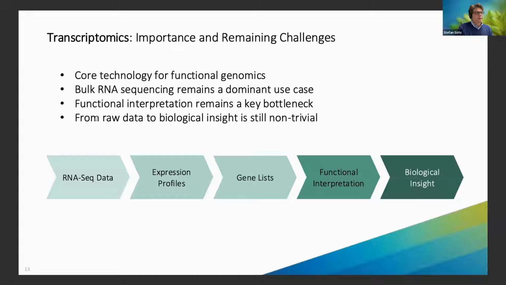And the whole journey from raw data to biological insights is still not trivial. I mean, there are so many things that can happen on the way which can mix up your functional interpretation. So that's definitely something complex to do, and OmicsBox helps throughout the process to get things right.